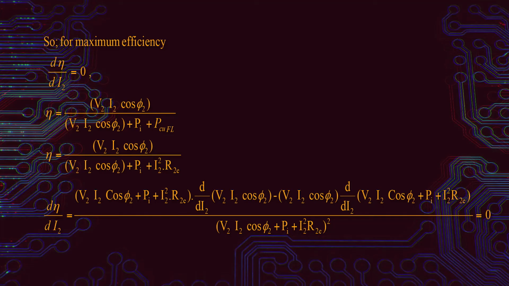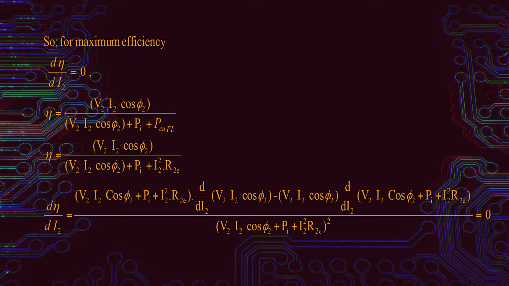Now we have to find out the condition for the maximum efficiency. So for maximum efficiency we can write d eta upon dI2 is equal to 0, and the value of eta is equal to V2 I2 cos phi 2 upon V2 I2 cos phi 2 plus Pi plus PCU at full load. Now you differentiate efficiency with respect to the current I2.